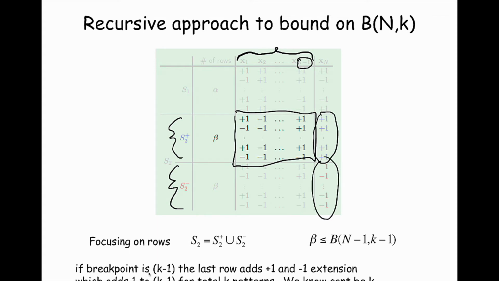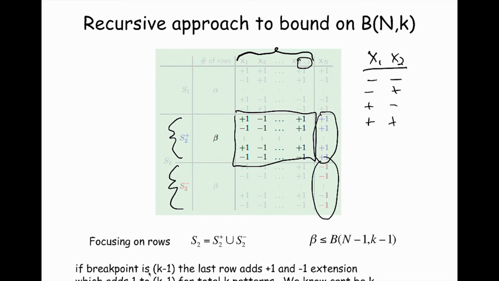If you have a +1 extension on these n minus 1 labelings in the dichotomy, and then a -1 extension, that corresponds to increasing the breakpoint by 1. Consider an example where you have x1, x2 and you produce all possible labelings: minus minus, minus plus, plus minus, plus plus.